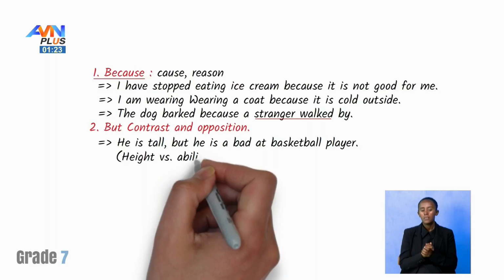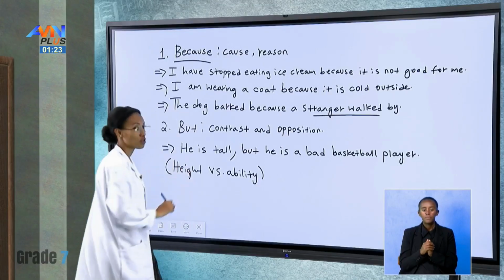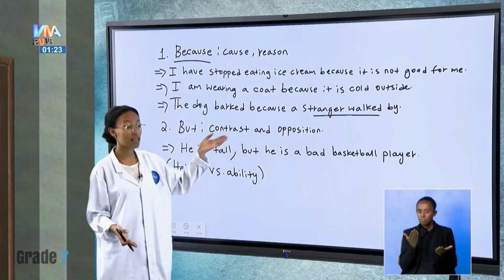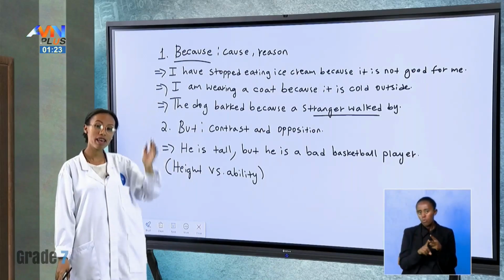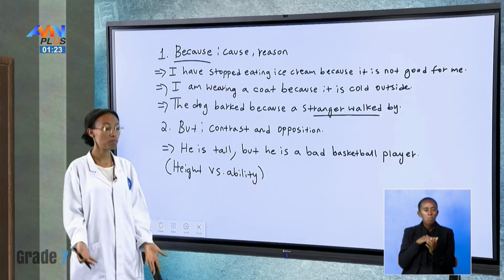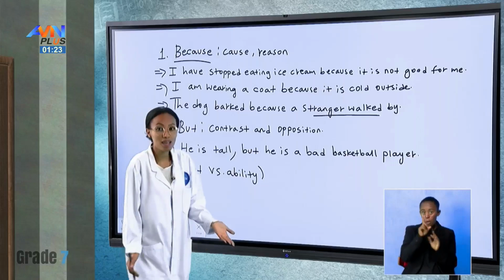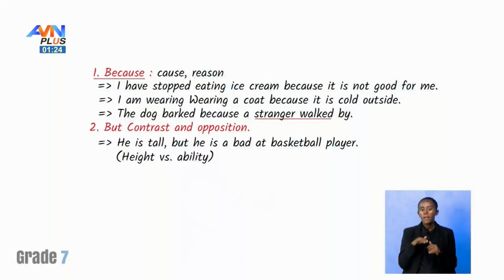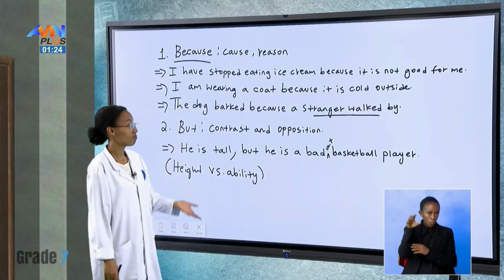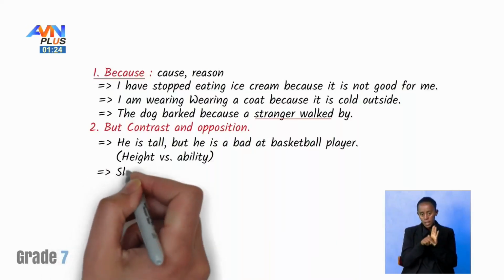His ability. So we are what? Contrasting two things, yes? How tall he is and how poorly he plays at that sport. So he is tall, but he is what? Bad at playing basketball. So that is two negating ideas.